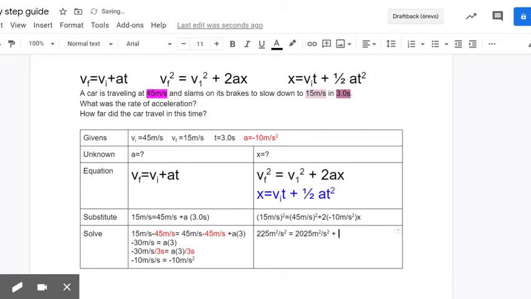Plus 2 times -10 is -20. Just like last time, I want to isolate my x. So the next thing I'm going to do is subtract. Let's change back to red like I did on the last problem. I'm going to subtract 2025 from both sides.